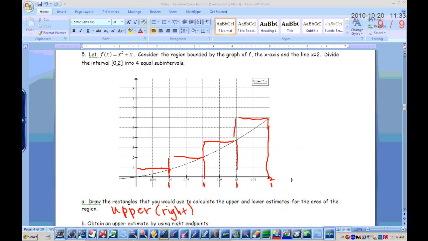Okay, the lower ones. What's the height of the first rectangle if it's a lower estimate? 0. Okay, so we're going to use upper. I'm going to do my work for part B up here.